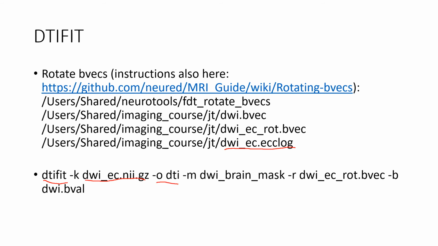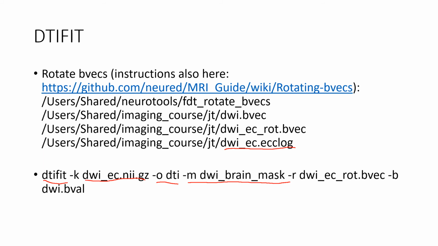This is just a prefix, so we can call this DTI. If you had a lot of people in one directory, you'd probably want to give it the subject name, but typically I'll run these in separate subdirectories for each participant. And then you have your brain mask file that you're inputting, and that's the one we created with BET.